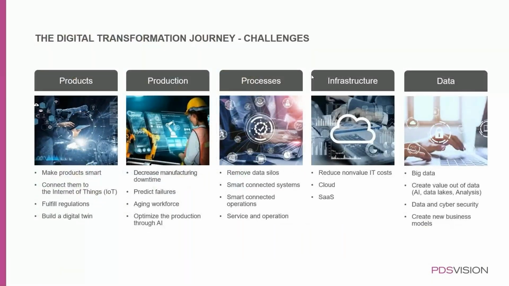As we begin working with companies on the transition from the physical into digital, there are some challenges that occur. With the products we deal with for customers, we want to make those products smarter, not just from a design intent, but from the information we can gather from them and the different analysis we can do. We want to connect them using IoT. We want to make sure we fulfill all the regulations.